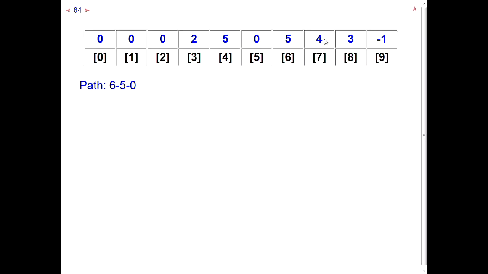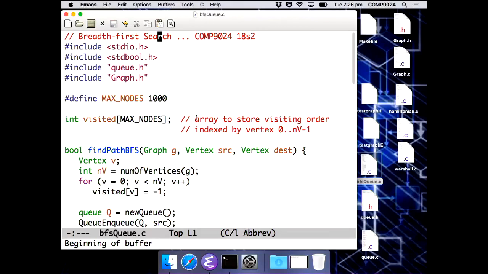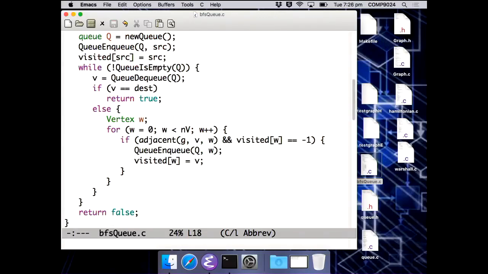I spent the break quickly looking at the program that I've provided on our webpage, breadth-first search queue, which just implements the breadth-first search with the queue. As you can see here, it creates a new queue, adds the source node to it, and then runs while the queue is not empty.